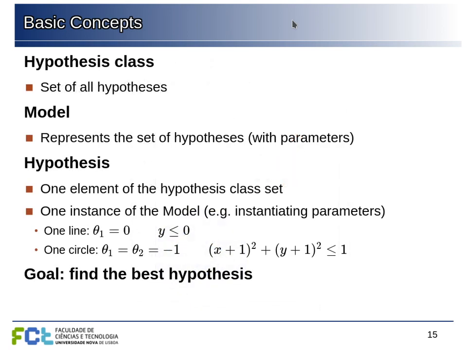So these are the basic concepts. The hypothesis class is the set of all hypotheses. For example, the set of all circles of radius 1, or the set of all lines in these different hypothesis classes. The model is a mathematical representation of this hypothesis class, usually with parameters that we can adjust to obtain each particular hypothesis.